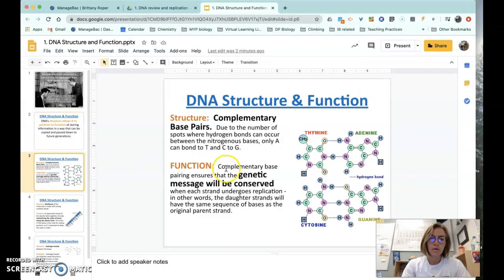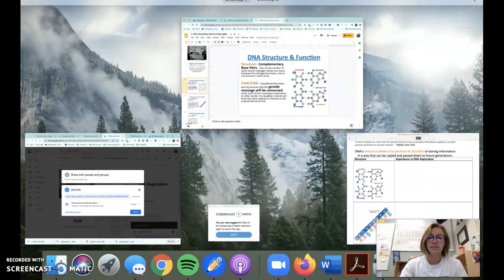So the structure shown here, or complementary base pairs, this is basically telling us, only thymine can bind to adenine and only guanine can bind to cytosine. And of course, we can incorporate RNA in there. But this is the number of spots where hydrogen bonds can occur between the nitrogenous bases.